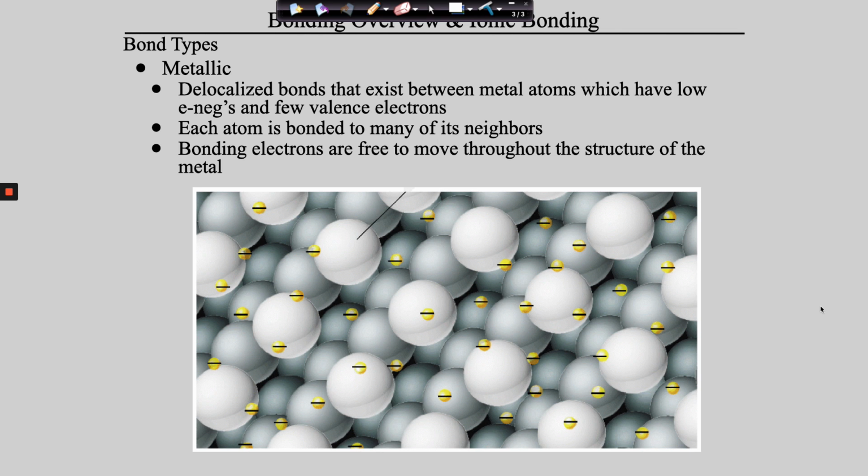Remember, this then explains all of the interesting properties that we know to be true of metals. So if we have a metal like this piece of aluminum, we know that aluminum conducts electricity. Why do metals conduct electricity? Because of the sea of electrons.